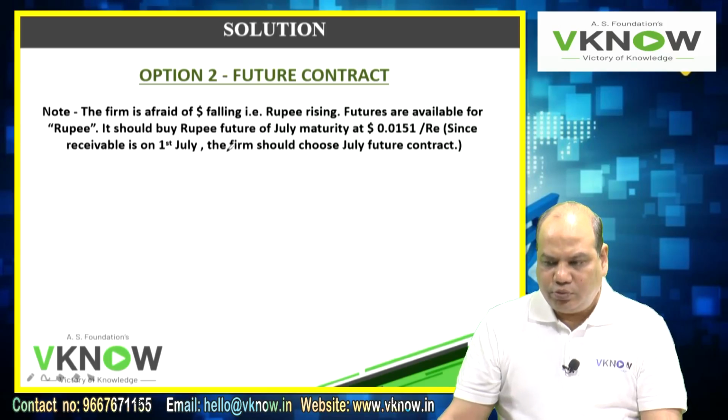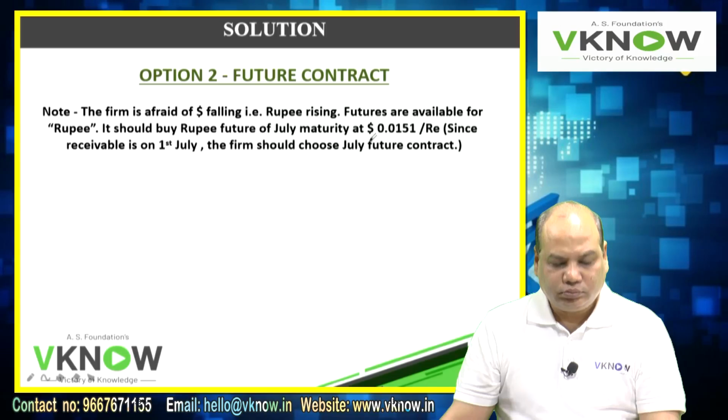Futures are available for rupees, so it should buy rupee future of July maturity at $0.0151 per rupee.